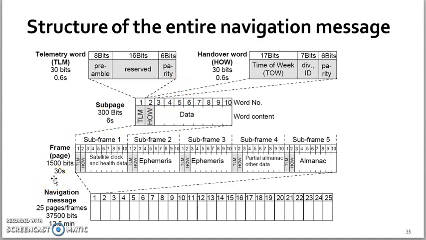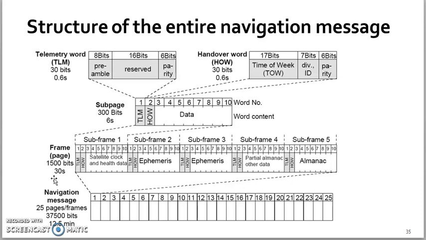The difference is in the case of subframe 4 and 5, and how they transmit the information in an organized manner. If you consider subframe 4, pages 2, 3, 4, 5, 7, 8, 9 and 10 relay the almanac data on the satellites that are on standby.